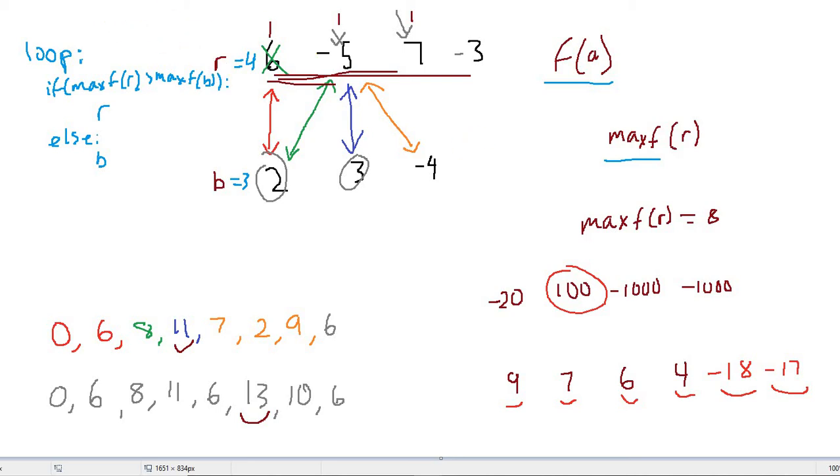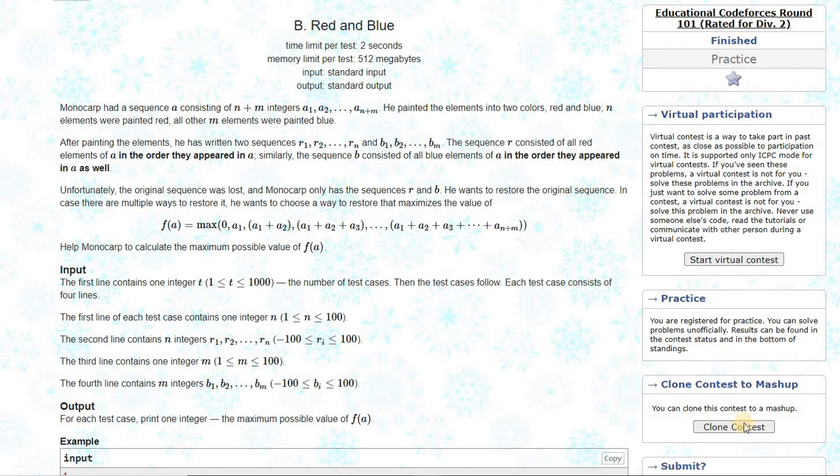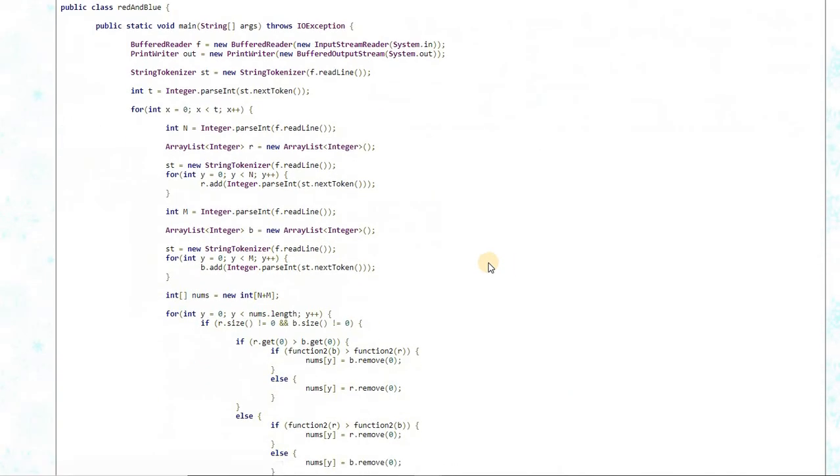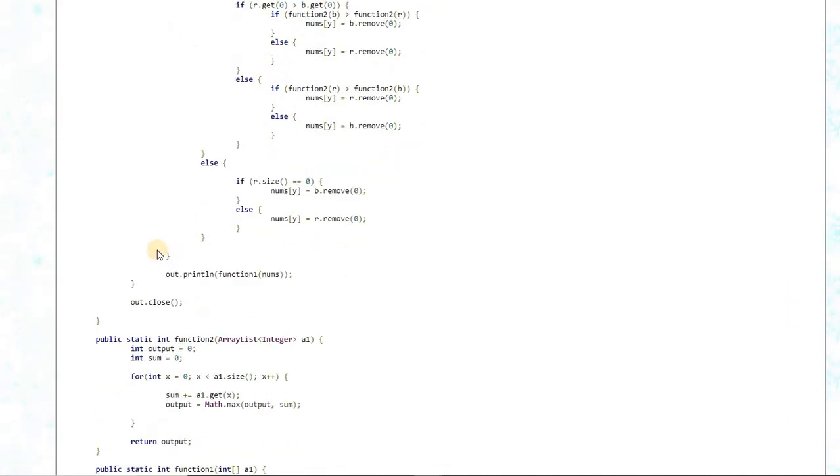So what does the code approach of this look like? My code is horrible at this.